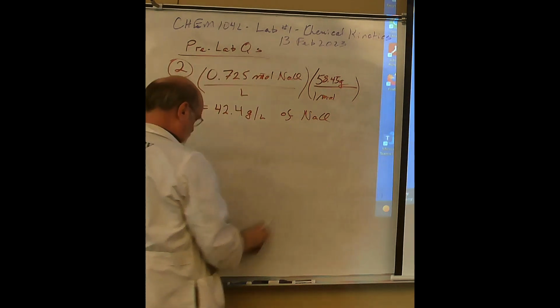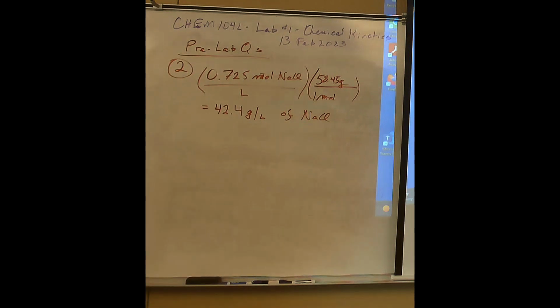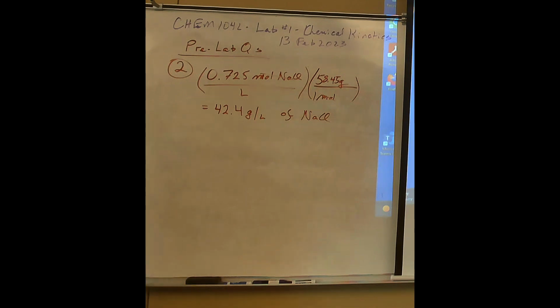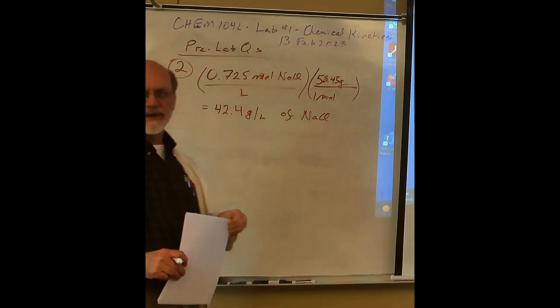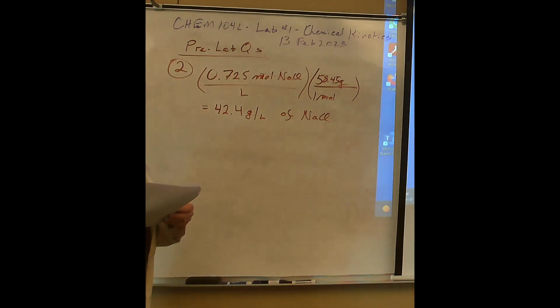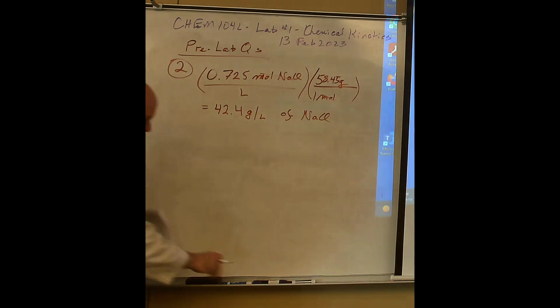So for the actual experiment, you'll need a different value here, for 6% sodium hypochlorite. You need a different value here, but the same procedure will be used. In fact, I've already got stuff made up. The sodium chloride solution is already made, so you can copy it off the bottle. Okay, number 3.